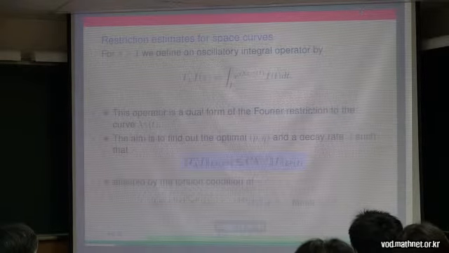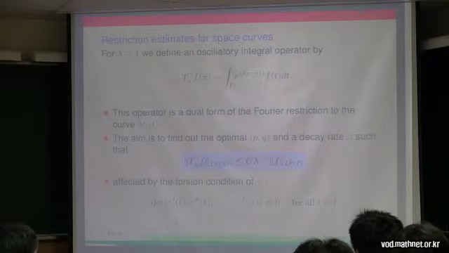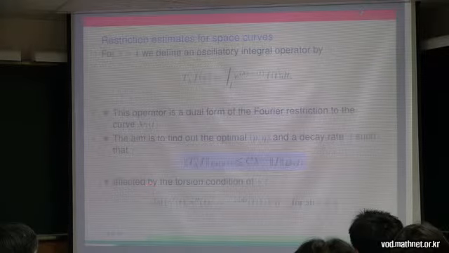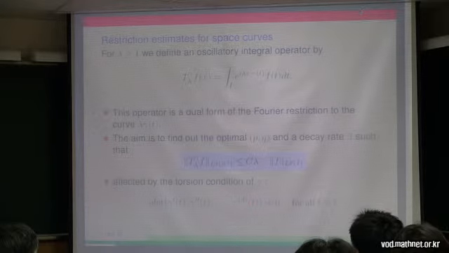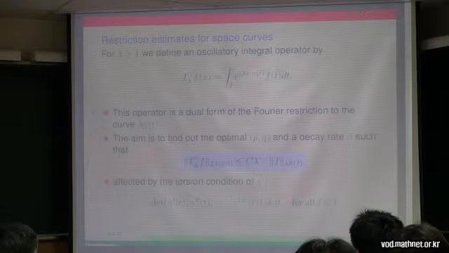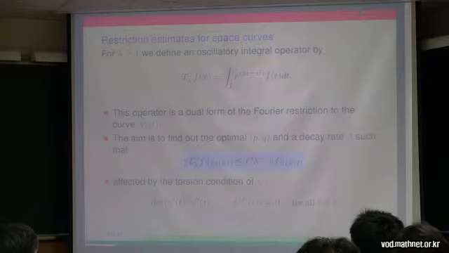It is well known that the decay rate and p and q are affected by the torsion condition of gamma. This condition tells that gamma is a non-degenerate curve.